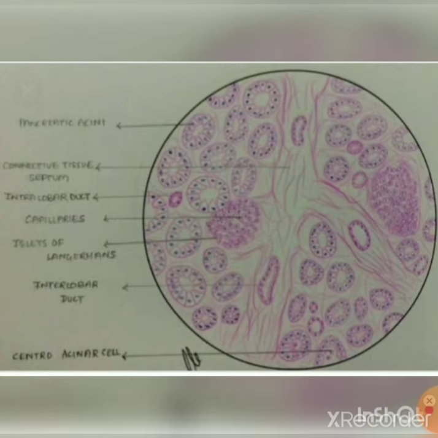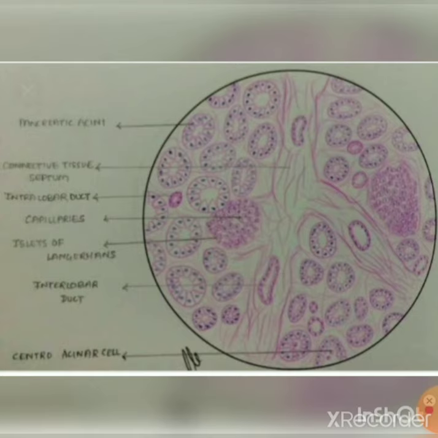It consists of pale staining cells arranged in groups surrounded by blood vessels. In the connective tissue you can see interlobular ducts, which are also lined by cuboidal epithelium. So the microscopic structure of the pancreas is divided into lobules by the connective tissue capsule, and each lobule consists of serous acini.